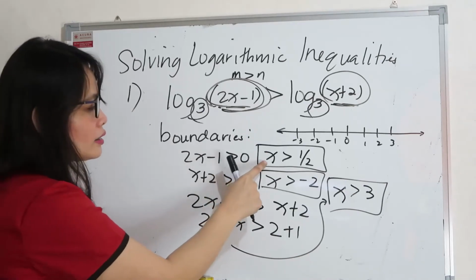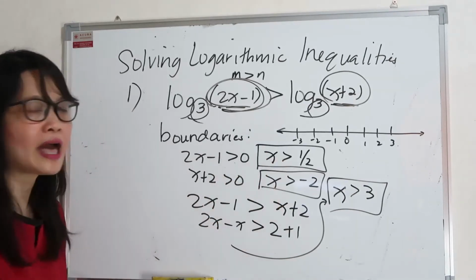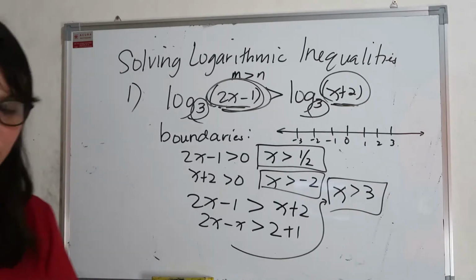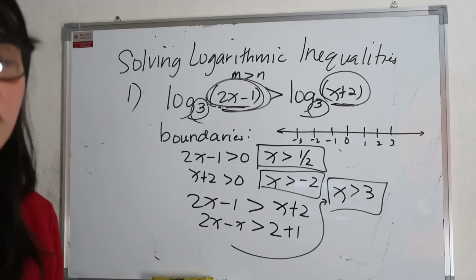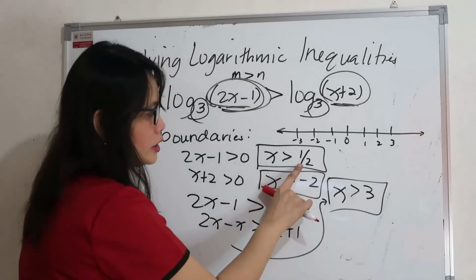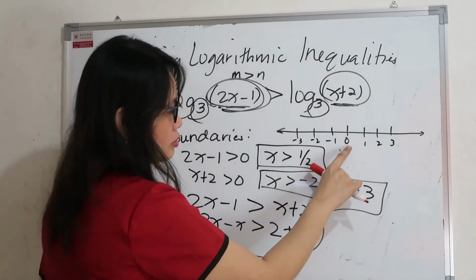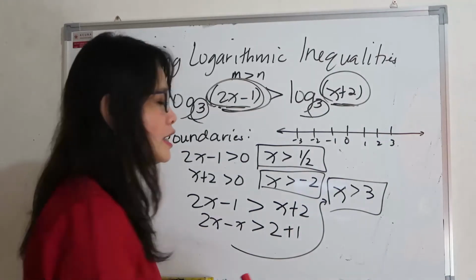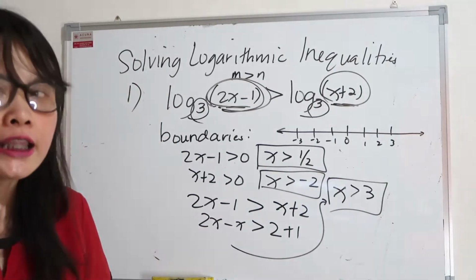First, plot x greater than 1/2. Where is it located? 1/2 is between 0 and 1. Is it an open circle or a shaded circle?